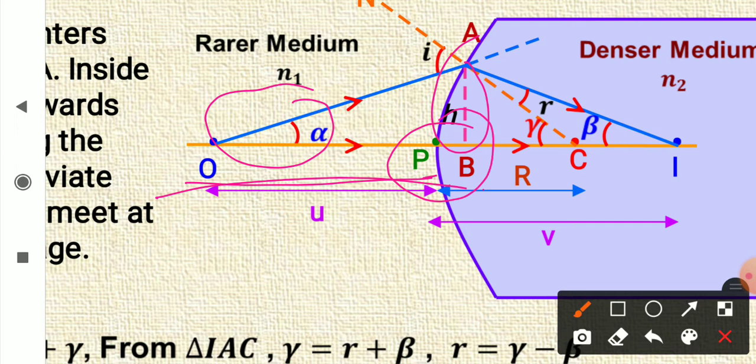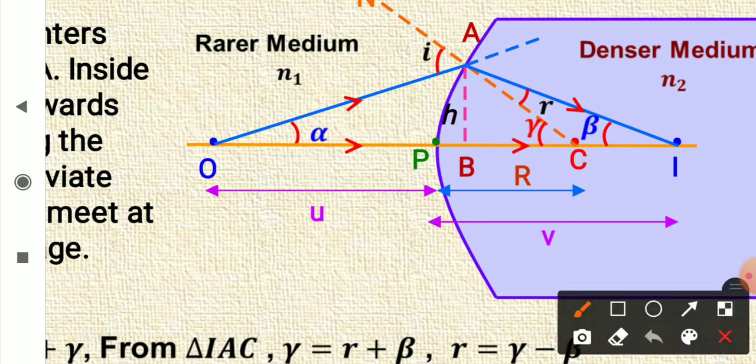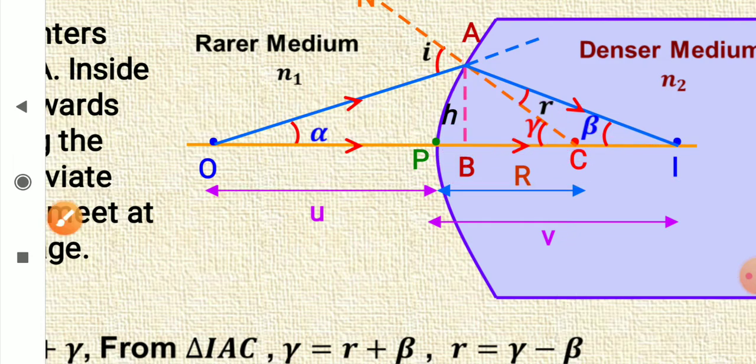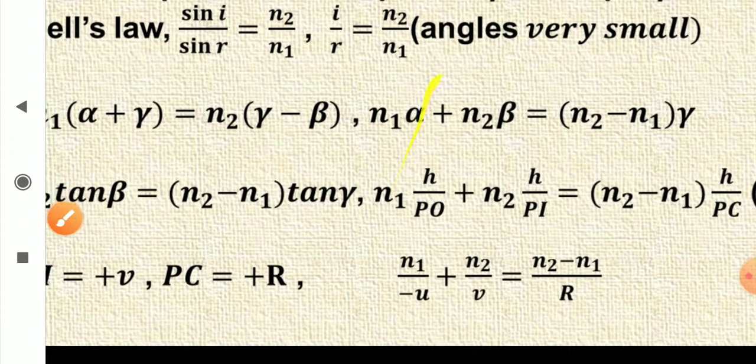So the distance from B can be taken as distance from P. So the base for finding alpha becomes PO. So tan alpha becomes h upon PO, tan beta becomes h upon PI, in place of BI we will measure from P, and for tan gamma it will be h upon PC. We are going to put these values in this equation now.